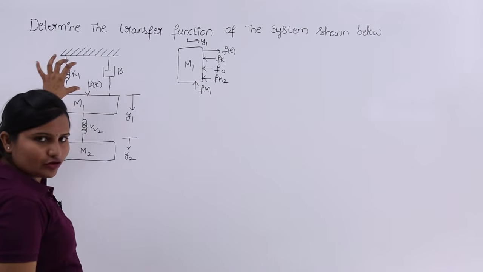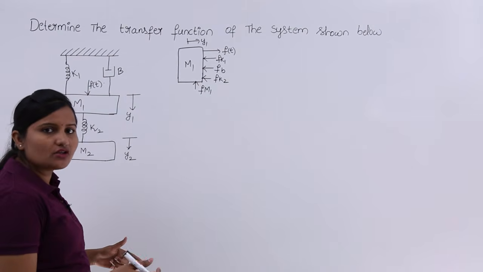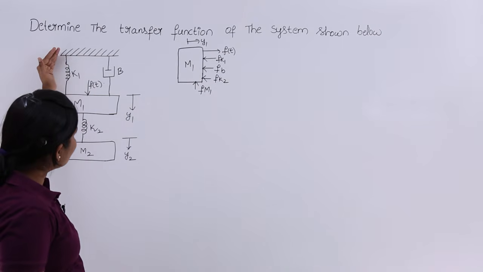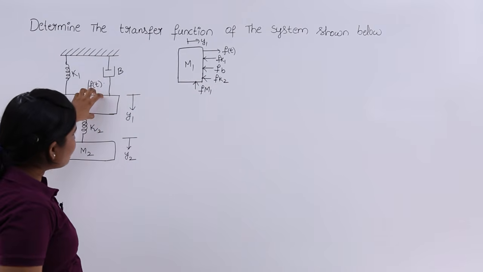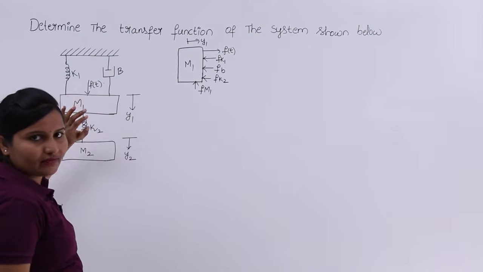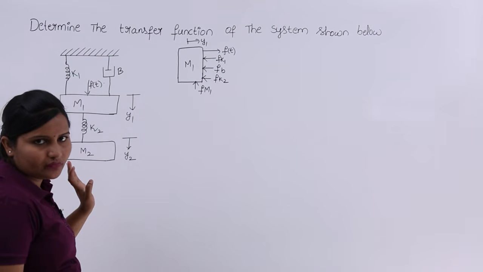Its internal force has an effect, and the elements attached to it also have some force effect. So here, Fk1 is the force due to this spring, Fb the force due to this dashpot, Fm1 the internal force, and the force related to this spring K2 is also applicable here.